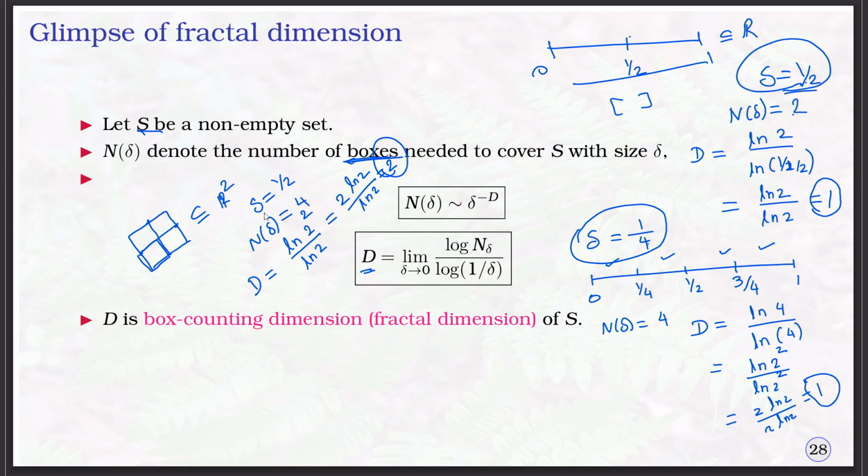Similarly, if you are taking delta as 1 by 4, then you can see these boxes. Here we need 1, 2, 3, and so on.